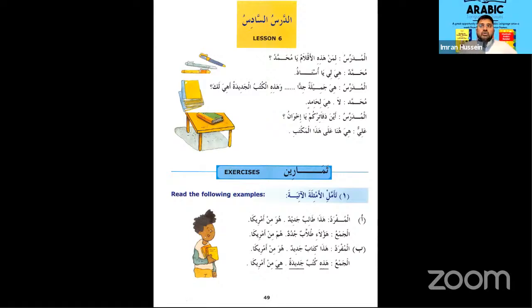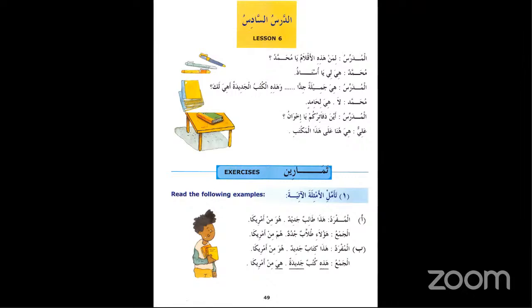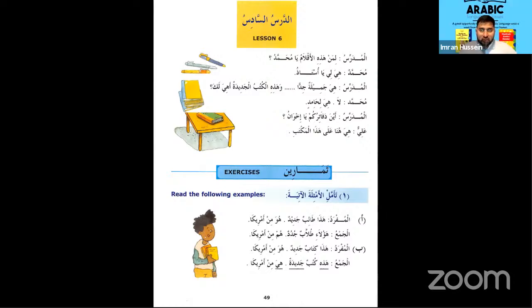Alhamdulillah. Okay, how do we say this is a female Muslim? Hadihi Muslimatun. And what is the sound feminine plural of Muslimatun?